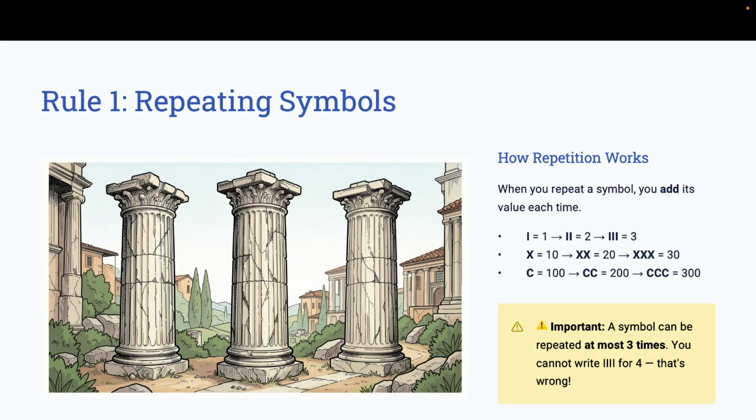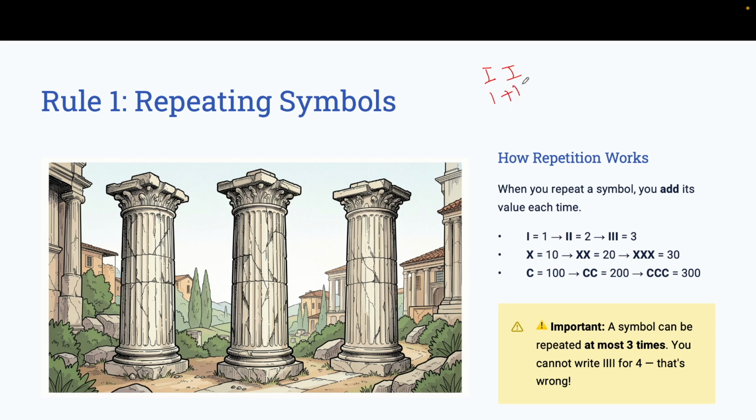Rule number 1 is repeating symbols. How repetition works: when you repeat a symbol, you add its value each time. For example, if we write double I, the first I means 1 and the second I means 1.